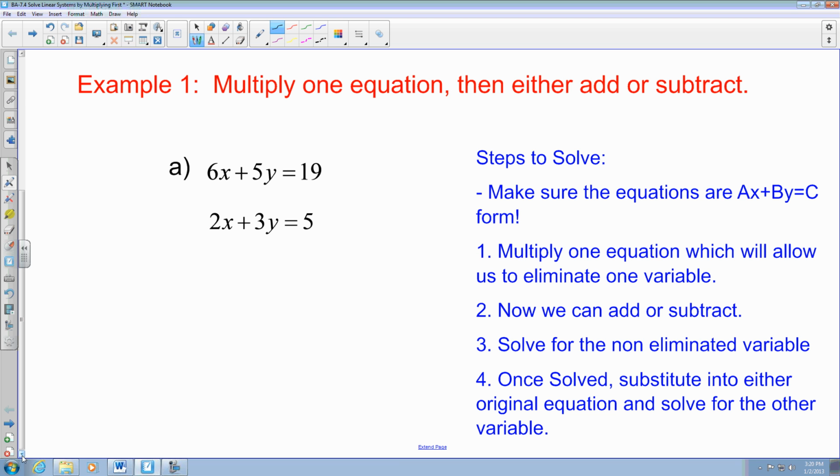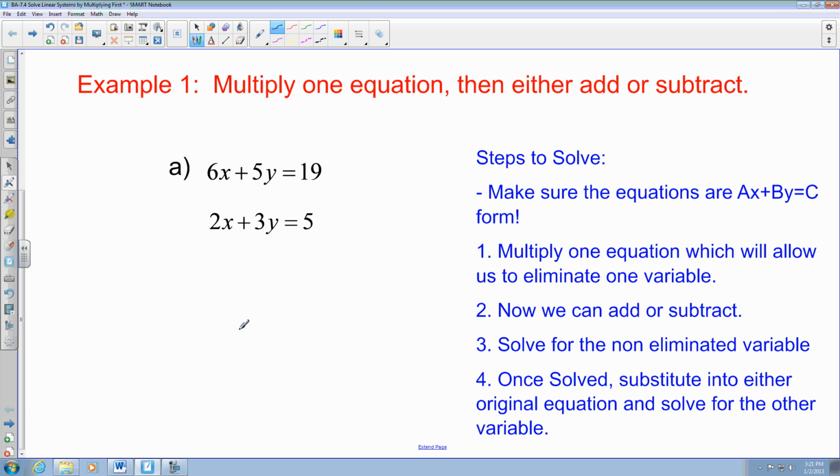So here are the steps, in blue, for how we solve by the elimination method when you can't add or subtract initially. You must multiply one of the equations. First step is to make sure that both equations are in ax plus by equals c form, which is standard form. In this case, it is.